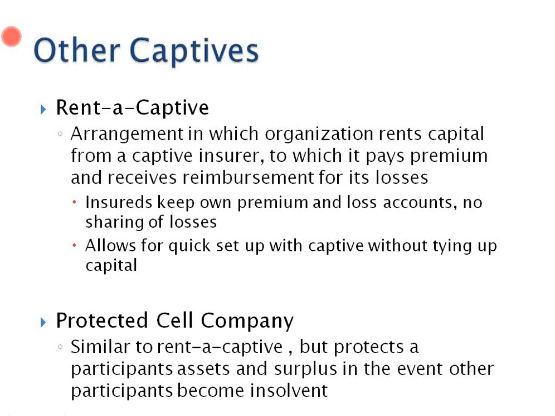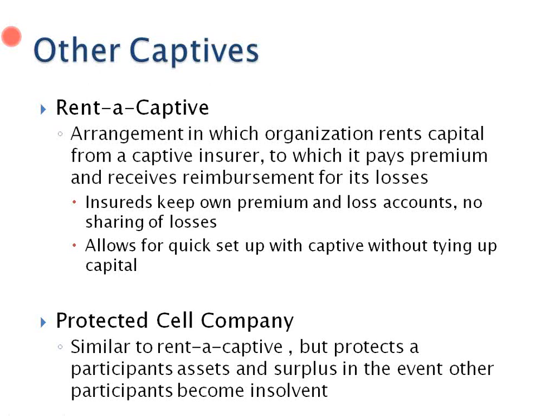So under a group captive, I'm sharing my losses with the other pest control companies, and the success of the captive is based upon the success of the whole. Under a rent-a-captive arrangement, I'm just saying I want to carve out my little area. I'm going to pay premium, and that way I'm not affected by others' losses.